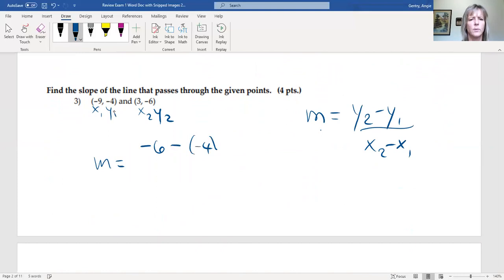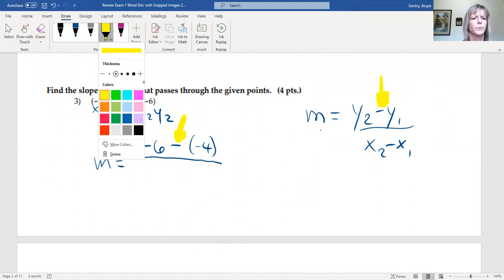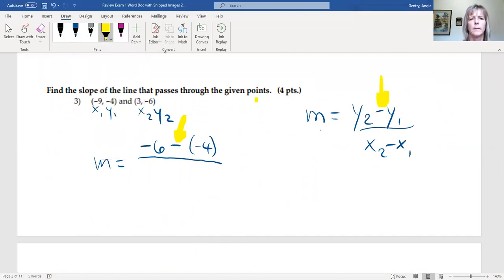This is a little dangerous, so you have to be careful. This here is my minus from the formula. And this is where a lot of students make mistakes. They just grab a -4, and they don't say it's a minus a -4.